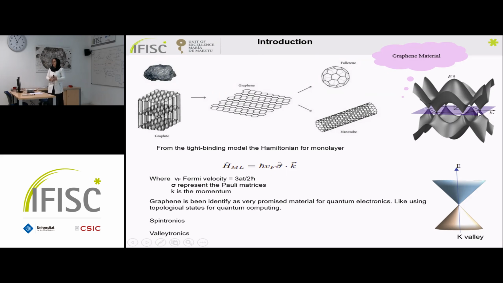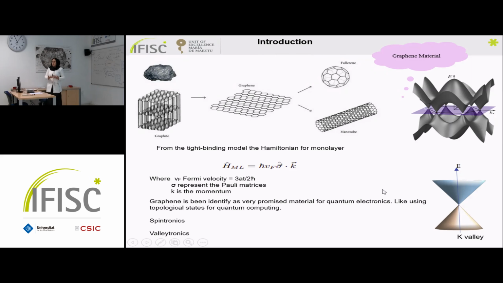We have the K and K prime points, which are the valleys of the graphene material. From the tight-binding model, the Hamiltonian for monolayer graphene near those points is this Hamiltonian here, where v_F represents the Fermi velocity, sigma the Pauli matrices, and k the momentum. If we zoom in on this area, we have this structure near the K valley.